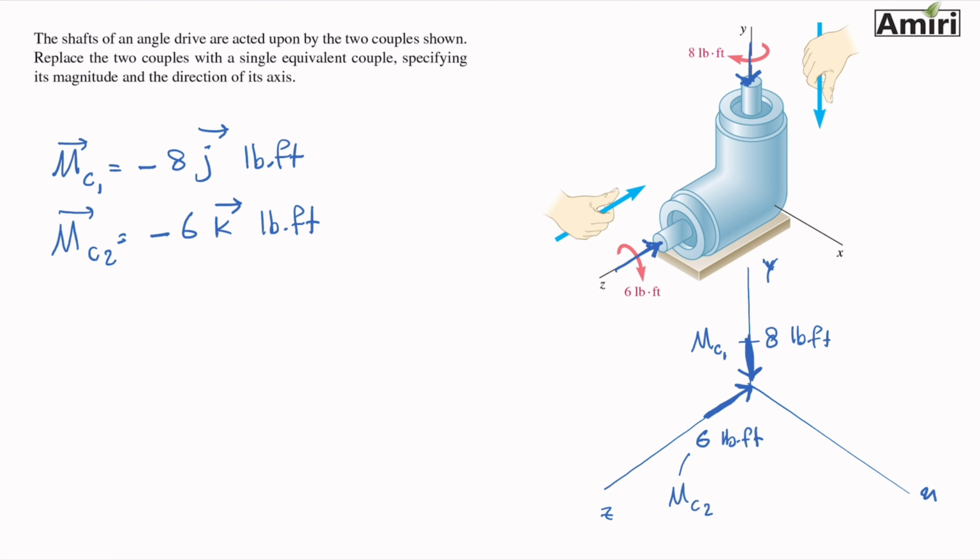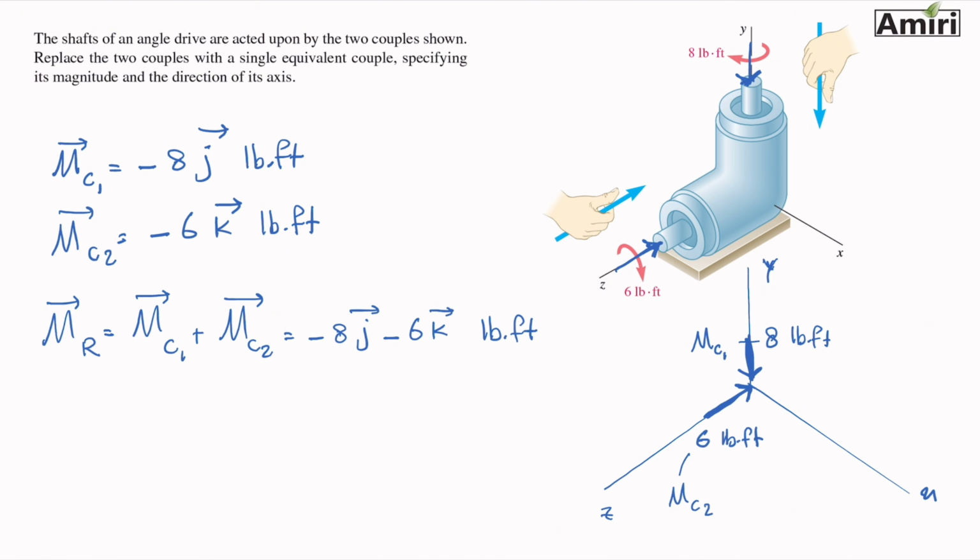So I have them in Cartesian form, and it says replace the two couples with a single equivalent couple. What it means is find a resultant couple. So I have to add these two together. In Cartesian form, there's just one j, one k, very easy. -8j -6k, and the units are pound-feet.